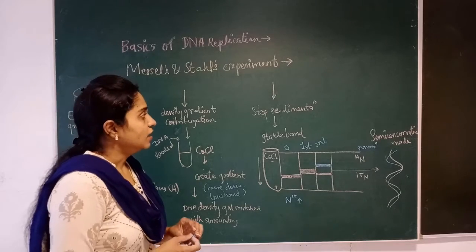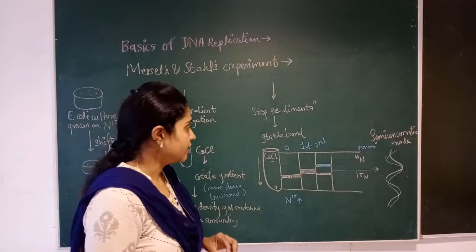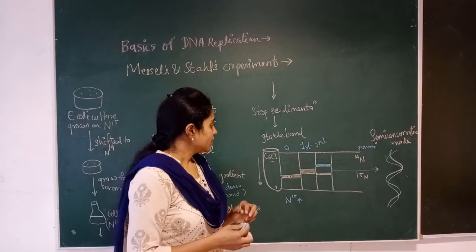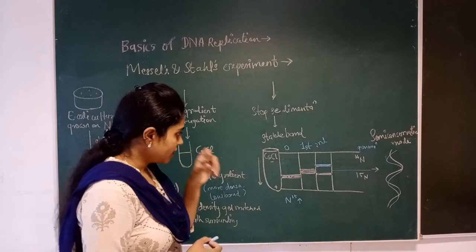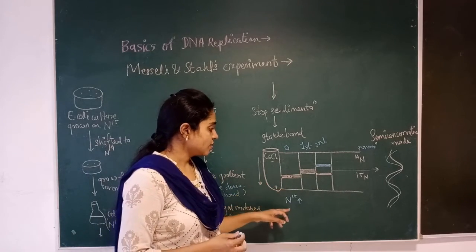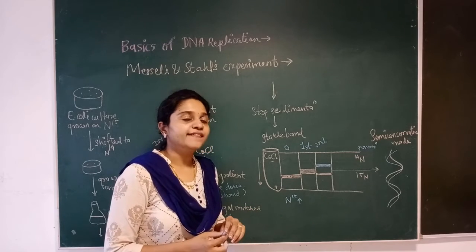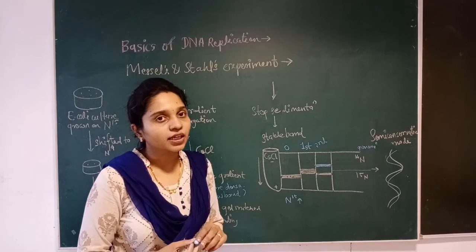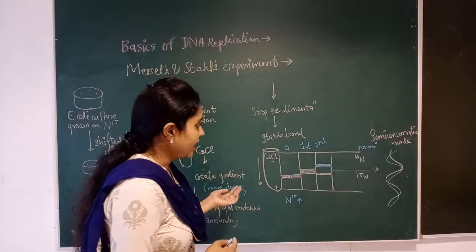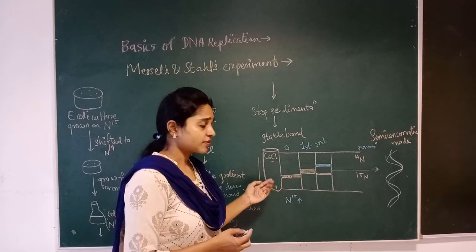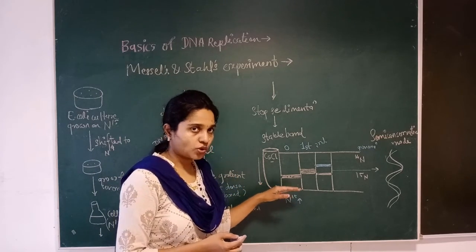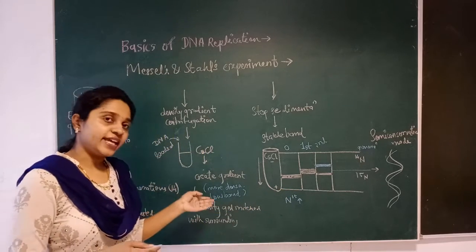Okay, in this experiment the conclusion was, when the cells were harvested only from N15 containing medium, they create a band at the lower side. The more dense the solution, the higher the density.